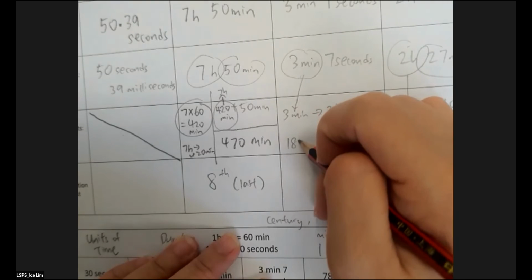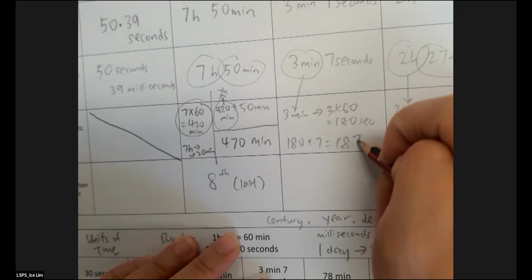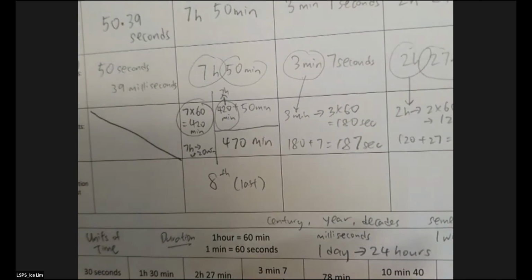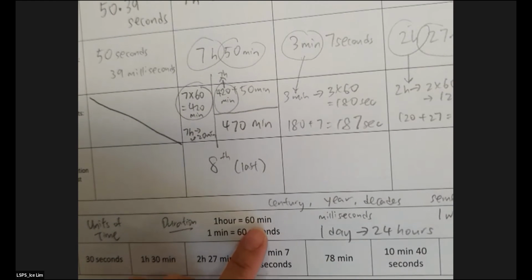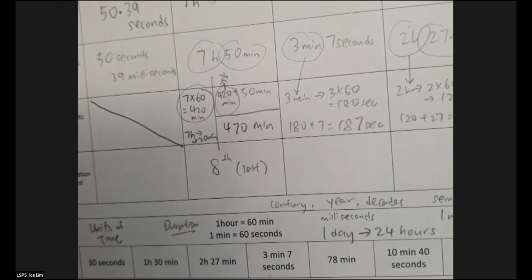So 180 plus 7 is 187 seconds. It's interesting, this idea of 60. It's different from meters: 1 meter is 100 centimeters, 1 kilogram is 1,000 grams. It goes by base 10, 100, 1,000. But time is very special. It goes by 60.